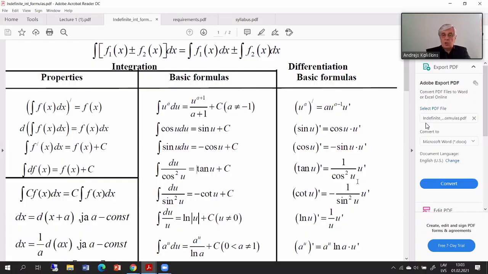Remember again that if you differentiate the right-hand side, you should get the integrand. Why is the integral of sine minus cosine? Because the derivative of this function is sine of x with a plus sign, and so on. The derivative of tangent is 1 over cosine squared. The derivative of cotangent is minus 1 over sine squared. That's why if you put a minus sign here, you have a plus sign here.